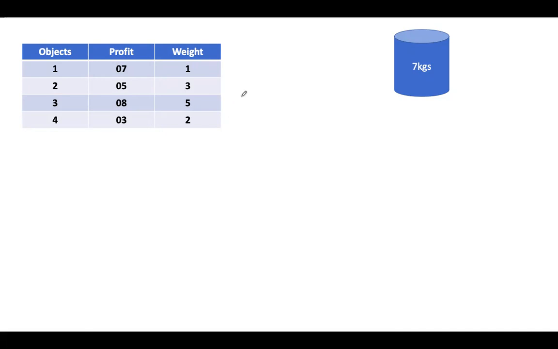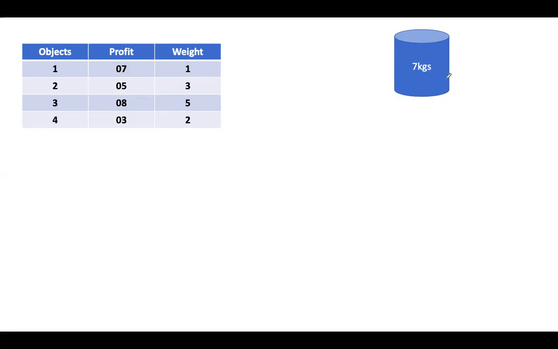Either you can consider 2 objects or 3 objects such that I should get the maximum profit. Weight limitation is there, that is 7 kg. You have to select the objects such that my profit is maximum. The value associated with an object is nothing but its profit. So you have to take only 7 kg.